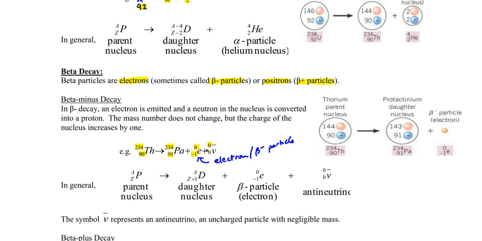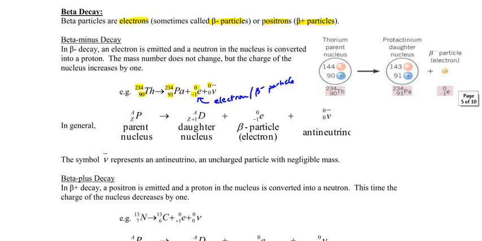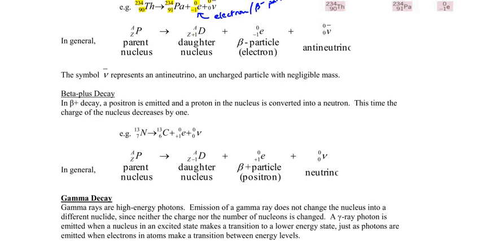Okay, now let's go on to beta plus decay. So beta plus decay is very similar. You have a proton now in the parent that is going to be converted into a neutron. It's the opposite conversion that we got in beta minus decay. So again, look at the equation here.